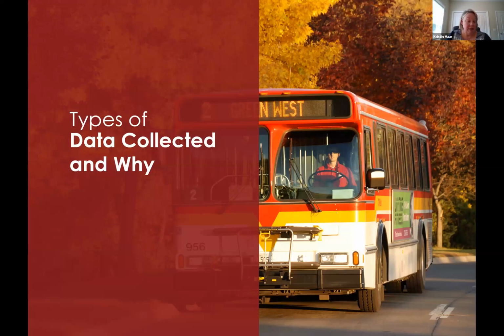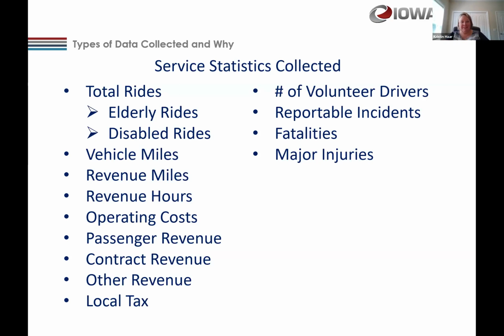So we collect a lot of data, as all states probably do. So we collect a lot of different service statistics, ridership, with the elderly and disabled rides broken out, and then a couple different miles, so vehicle miles and revenue miles broken out, revenue hours and operating costs, obviously fare revenue, passenger revenue, same thing, and then tax information.